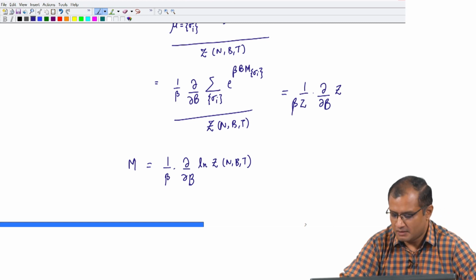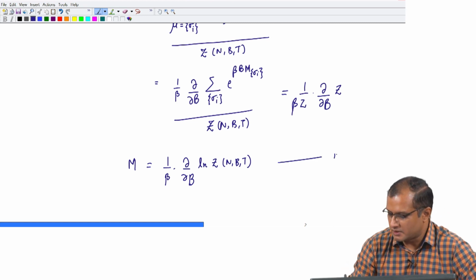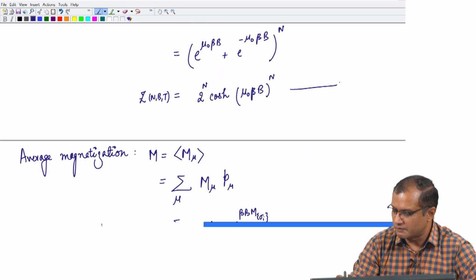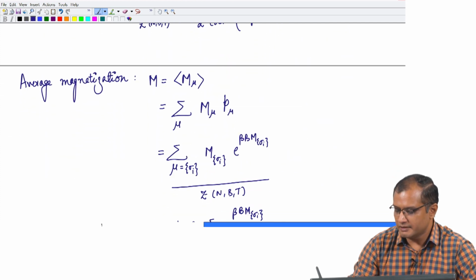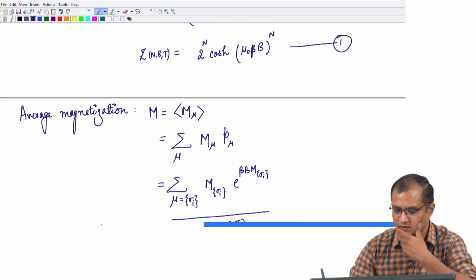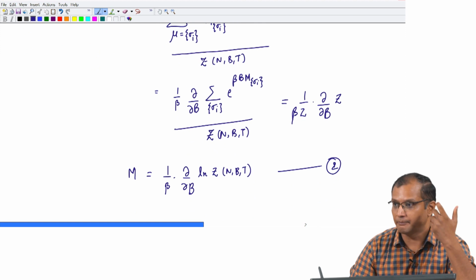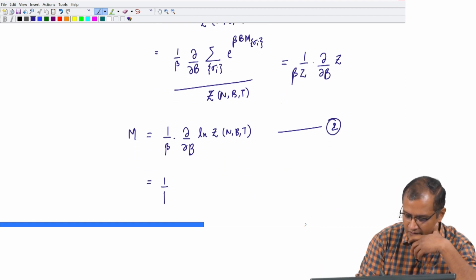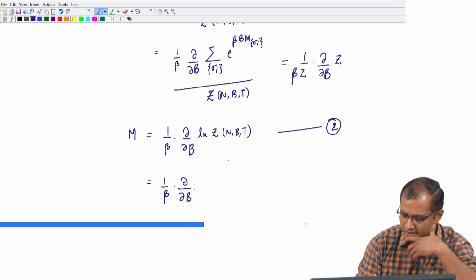I am going to call this equation 2, and the partition function equation 1, and so I can just go ahead and take a logarithm of this partition function and compute m. So, I can write this as 1 upon beta d by dB of ln Z.